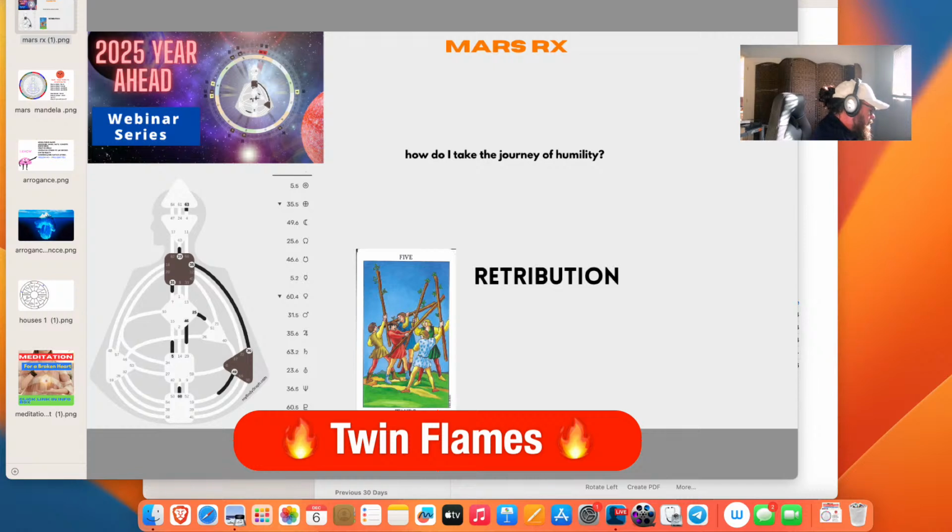And then the guidance. So you can see twin flames, there's the conflict, right? That Five of Wands, conflict incoming with other people. Because remember, we're still in this Aries, Libra nodal axis until January. So we're still in this school of relationships.